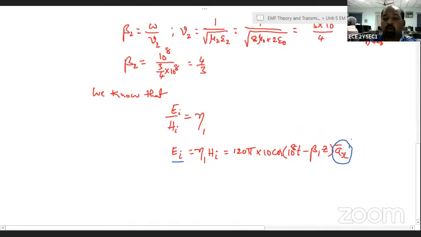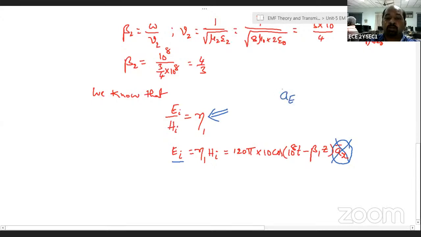So therefore, while using this expression, you should not substitute the direction of magnetic field directly. You need to calculate the direction of electric field. How can you calculate?